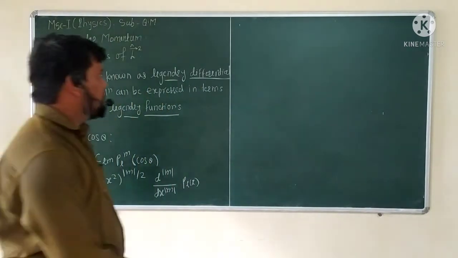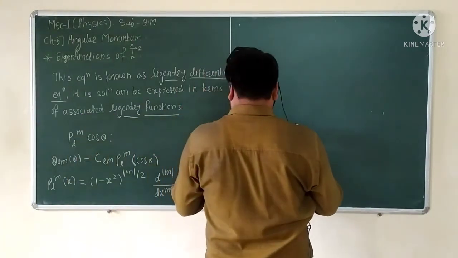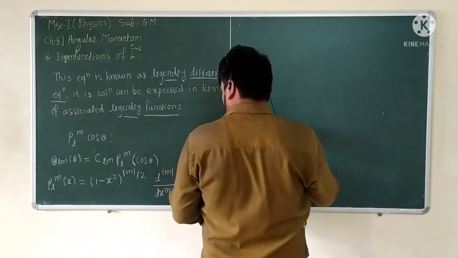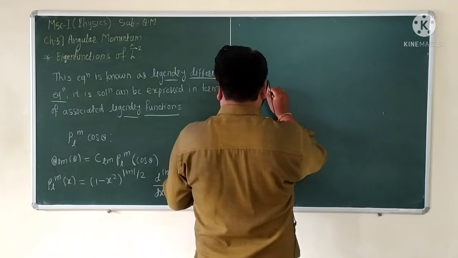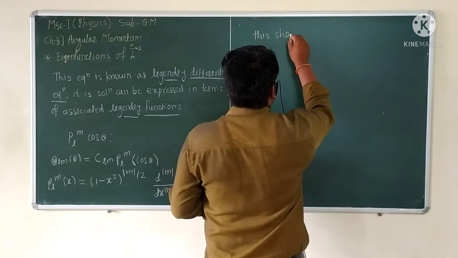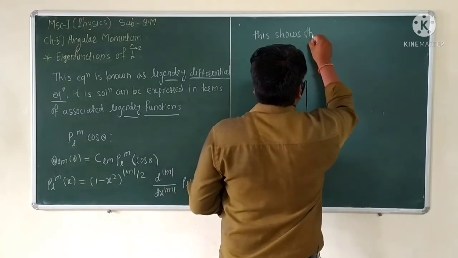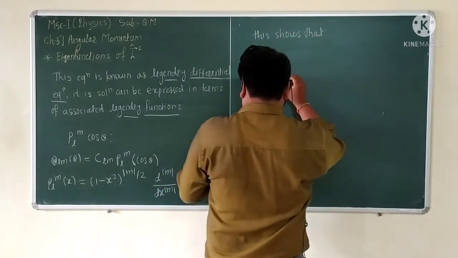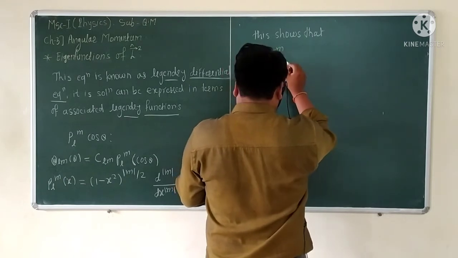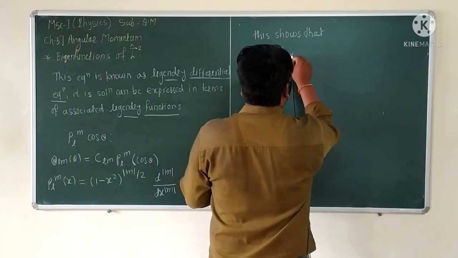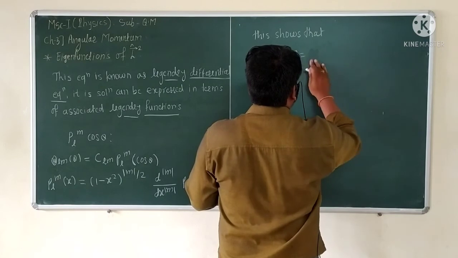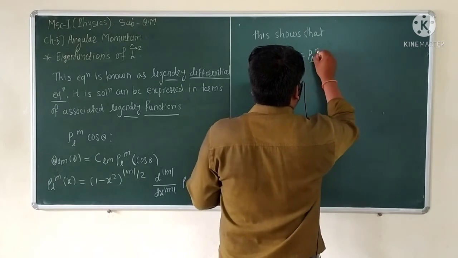See here the next formula. This shows that P_l of minus m of x is equal to P_l^m of x.